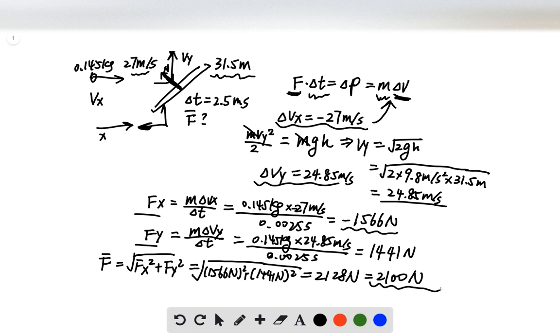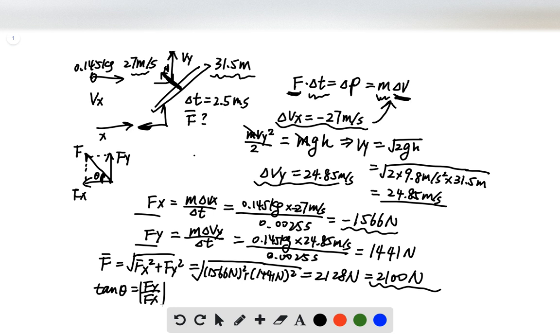And if we're not satisfied, we can try to find this angle. So now we have Fx and Fy, and the total F. We can try to find, say, this angle. It's called theta. That is the angle from horizontal. And we have tangent theta equals Fy over Fx, absolute value.